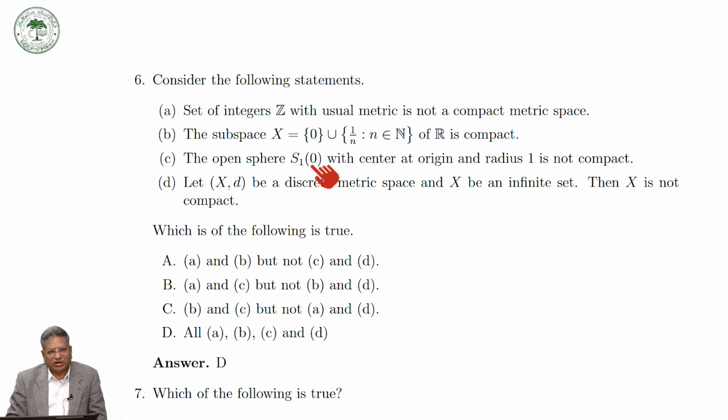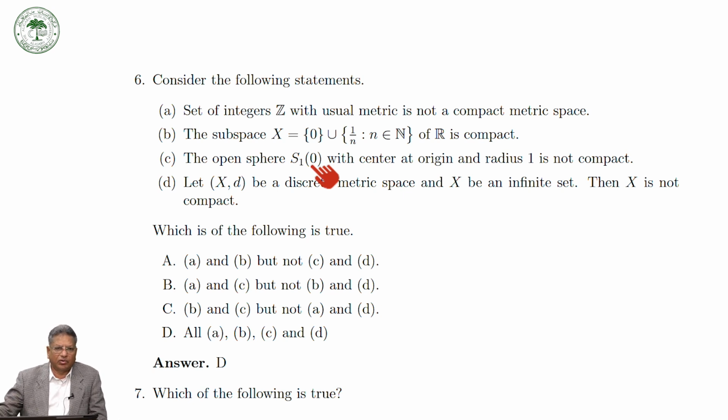Next, let (X, d) be a discrete metric space and X an infinite set. Then X is not compact. Yes, because if X is a discrete metric space, then X can be compact only if it is finite. But here X is infinite, so X is not compact.